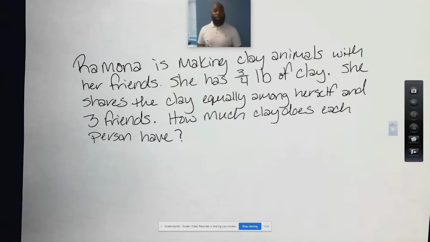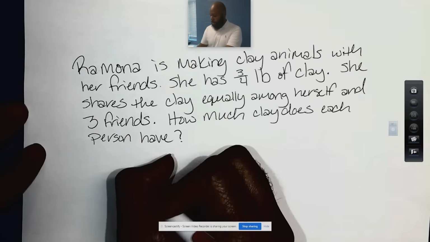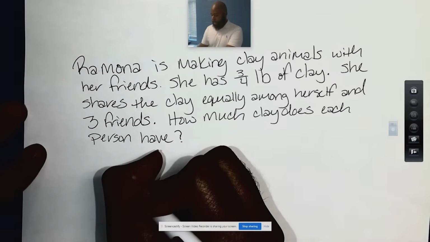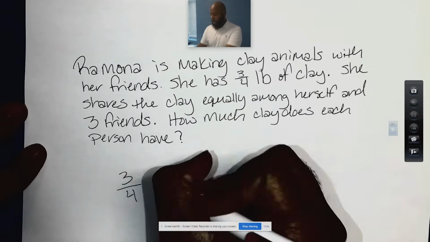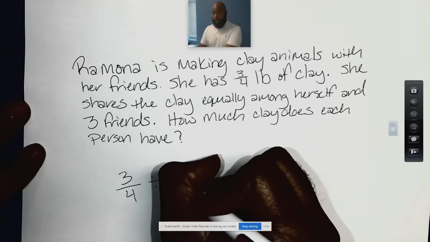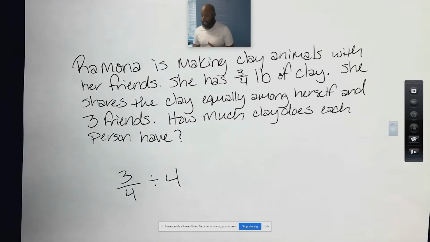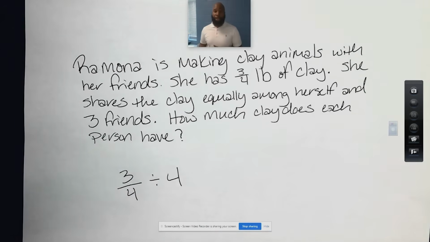So I want you to estimate whether 3/4 divided by 4 is greater than or less than the dividend 3/4. While you're working, please let me know when you agree with an idea, and don't forget to add details to your work.